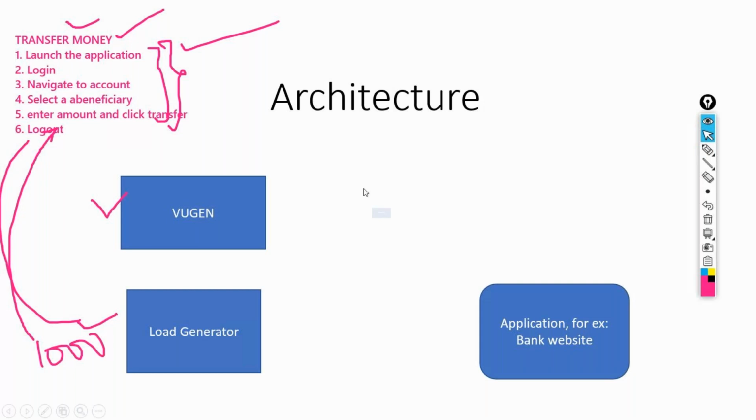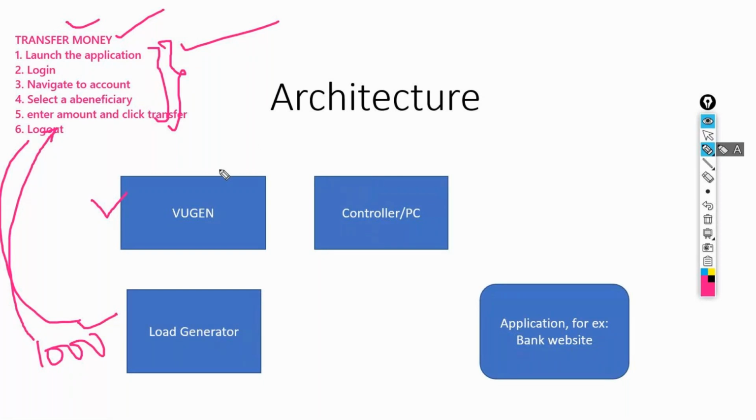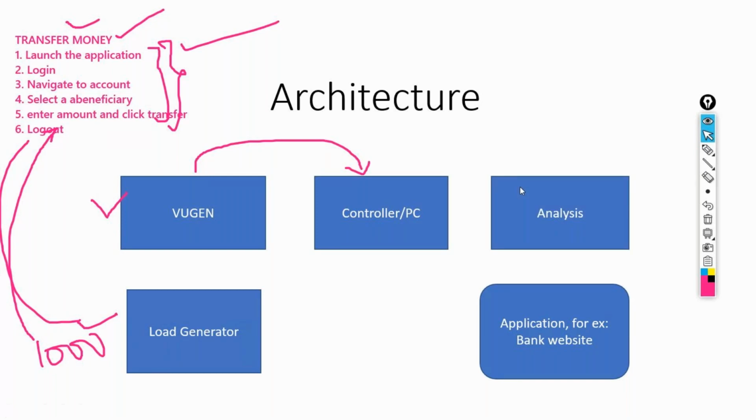That component is called controller or performance center, or in recent times, you can also call it LRE. Whatever scripts we developed in Vusion, we upload them into the controller or performance center, and then we run a load test. Once the load test is done, we have to analyze the results. There is a component called analysis, which will assist us in analyzing the results in a detailed way.